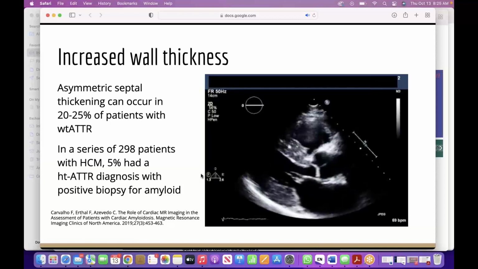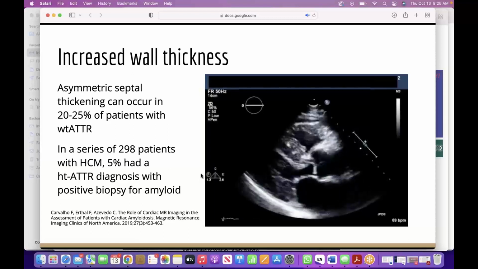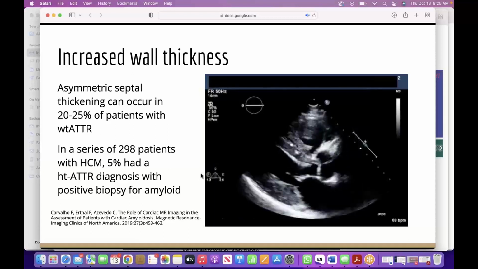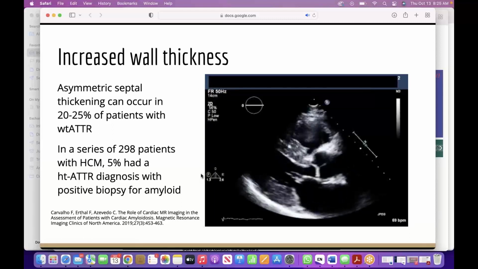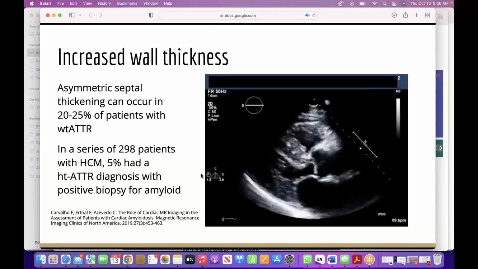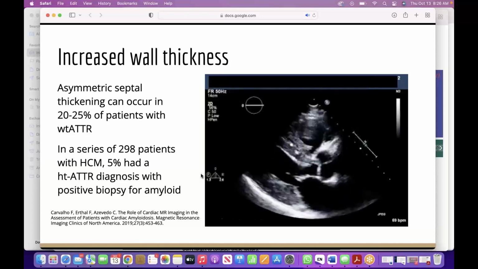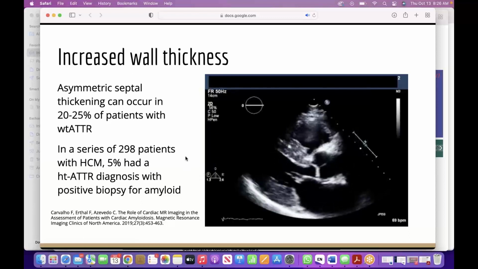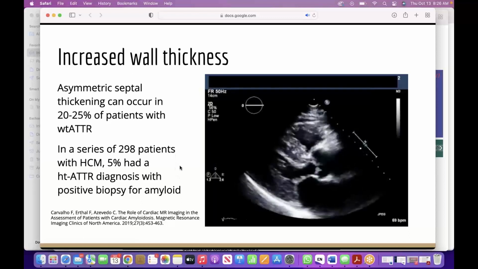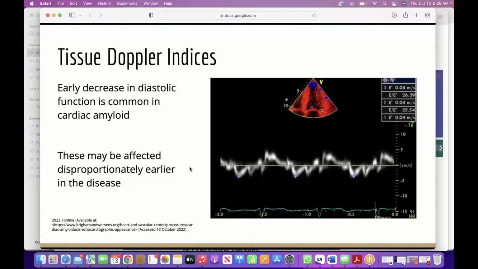In this series of 298 patients who actually had a diagnosis of HCM, on biopsy, 5% of them had amyloid and were genotype positive for hereditary ATTR. So I think it's important to keep the differential diagnosis in mind when we're looking at cases of wall thickening, even if it is concentric.